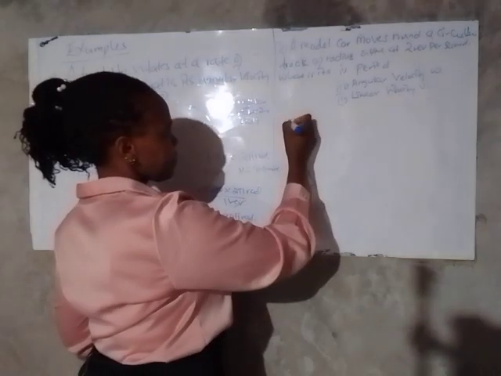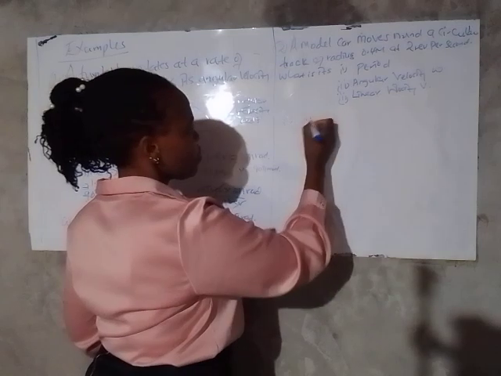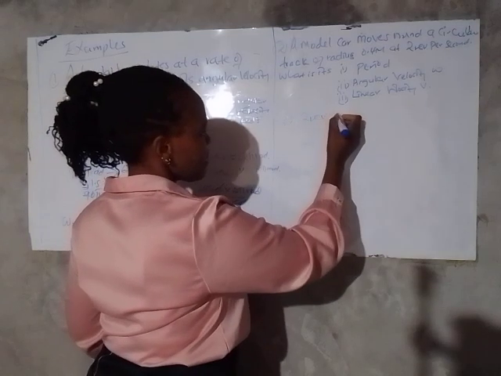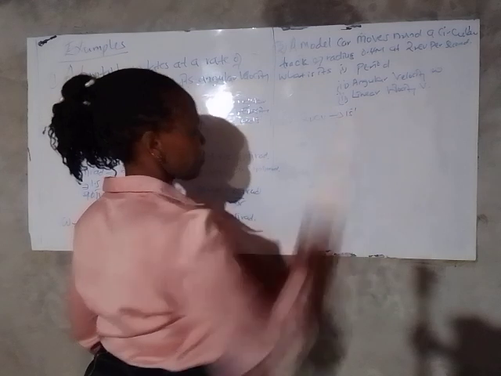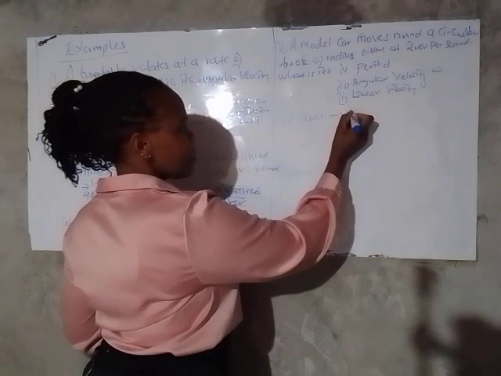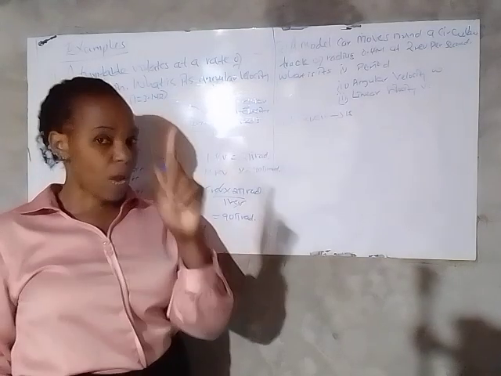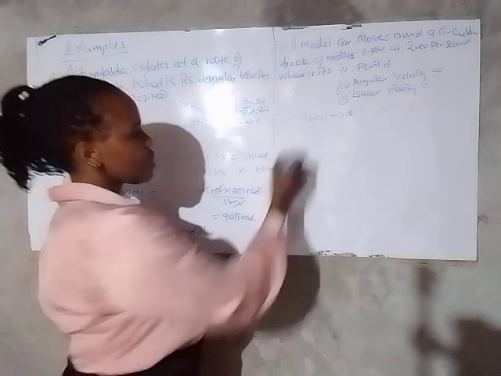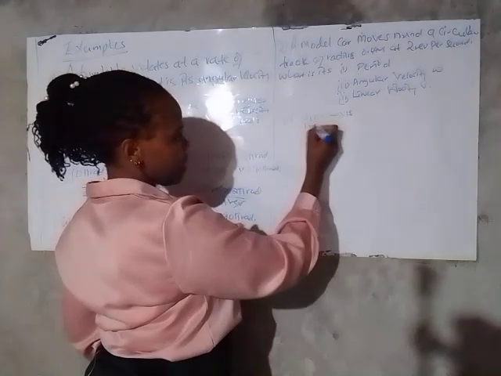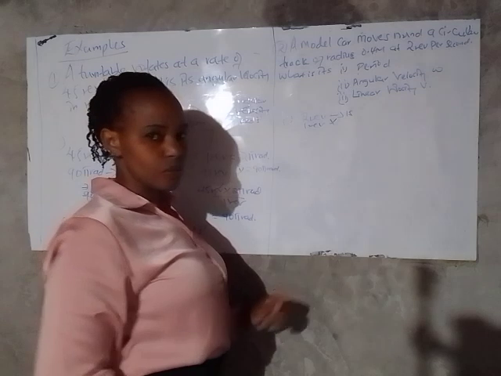So (i), we are saying it is making 2 revolutions in 1 second, and we are defining period as the time taken to cover 1 revolution. So if 2 revolutions take 1 second, what about 1 revolution? We simply cross multiply.